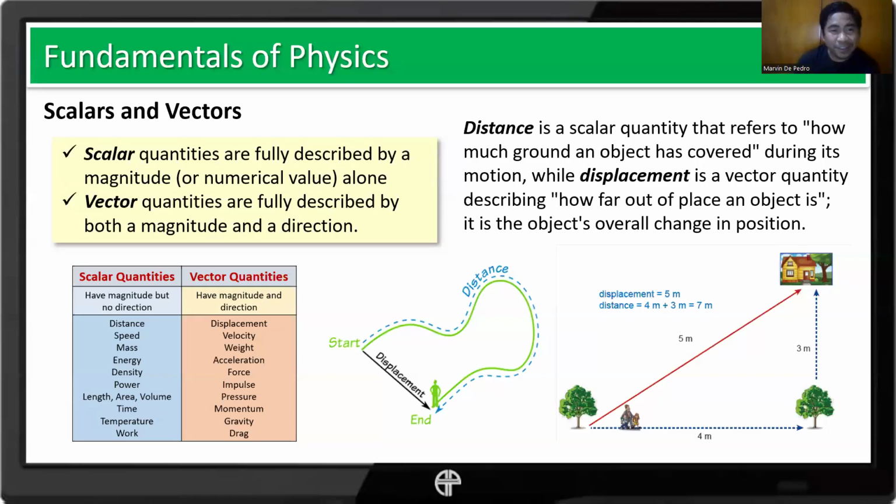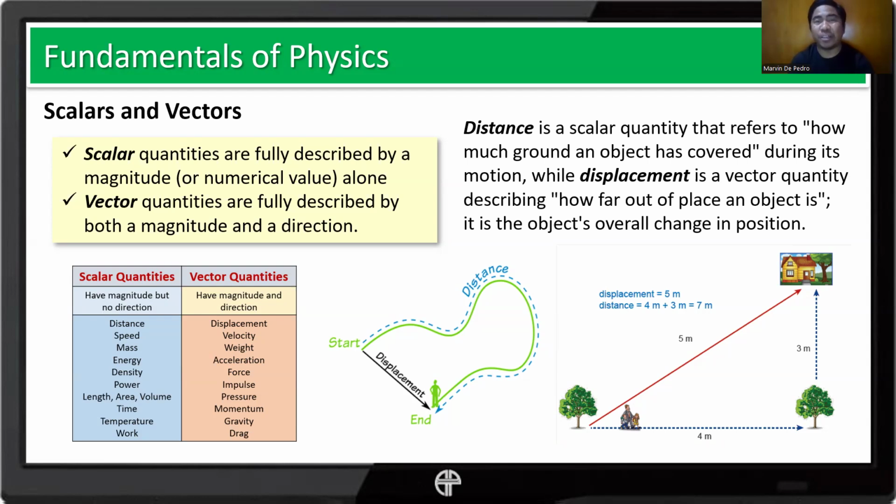All right, moving on. Third part of this module, we have the scalars and vectors. Scalar quantities are fully described by a magnitude or numerical value alone. When we are measuring things, we have to be aware whether we are measuring a scalar quantity or a vector quantity, because aside from their magnitude, there's another thing that matters.